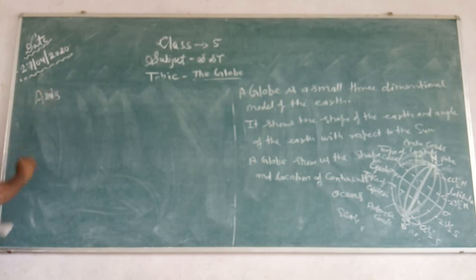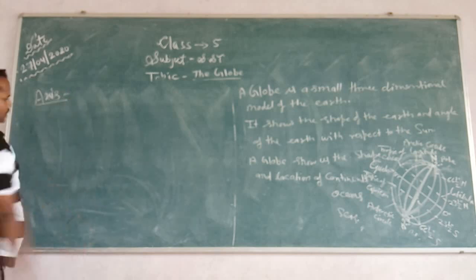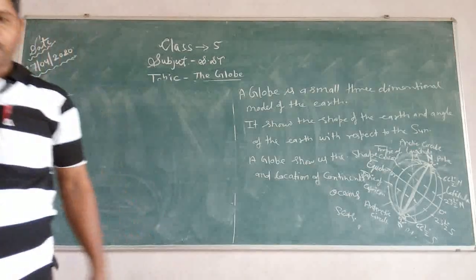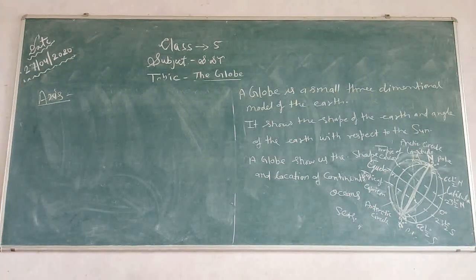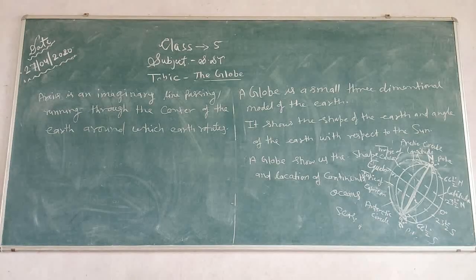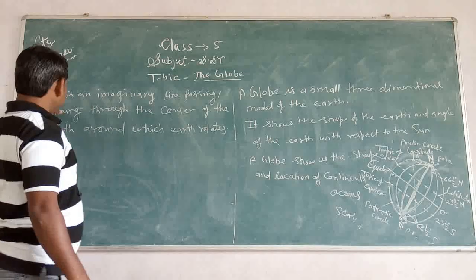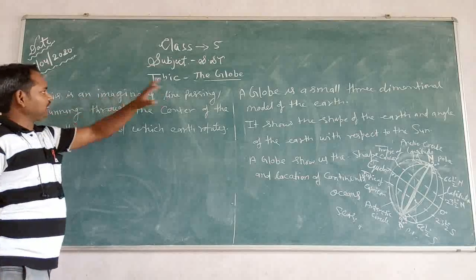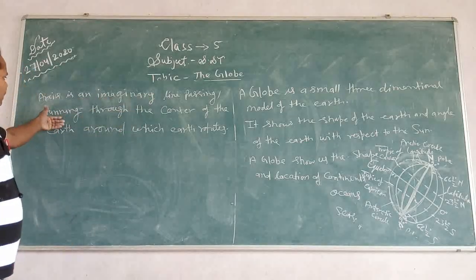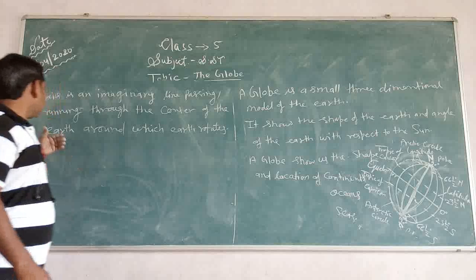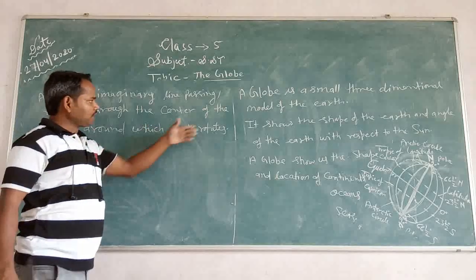Axis. Now, the axis is an imaginary line running through the center of the Earth, around which the Earth rotates.